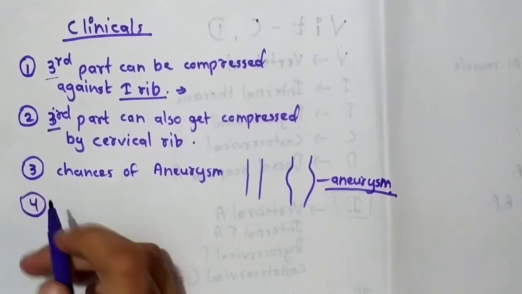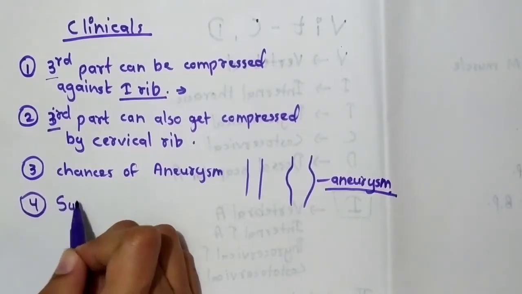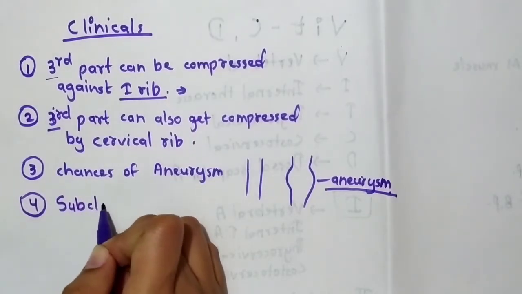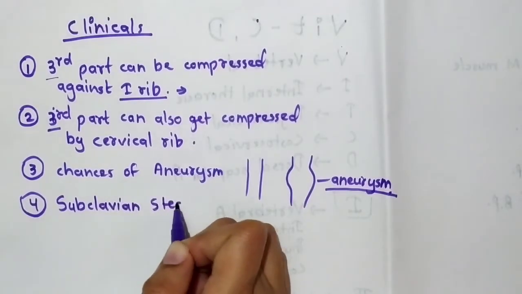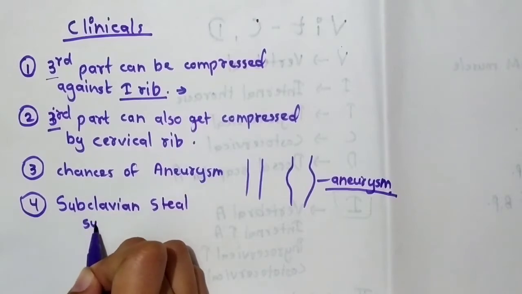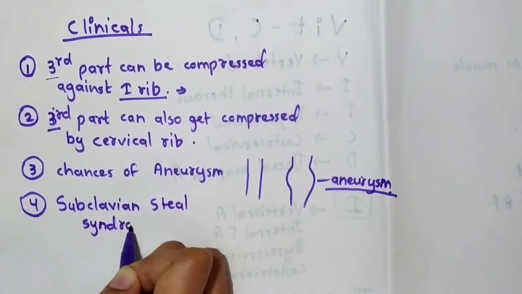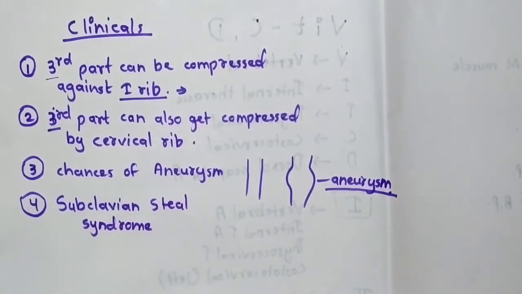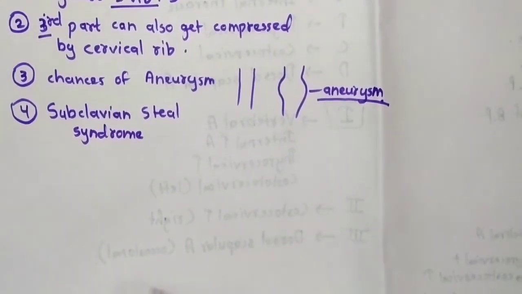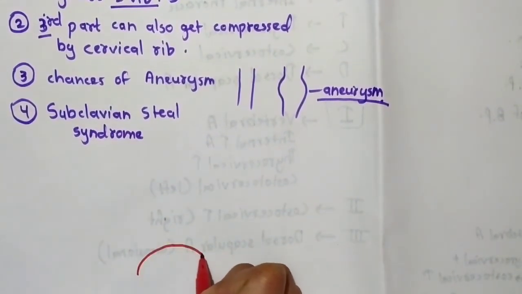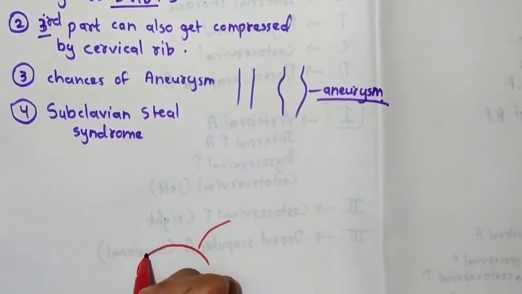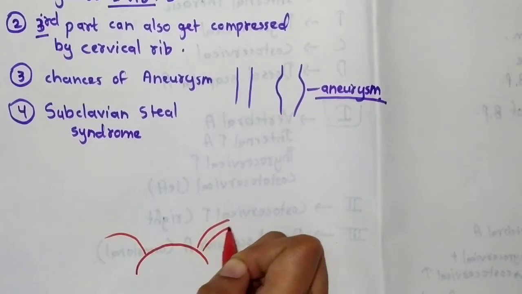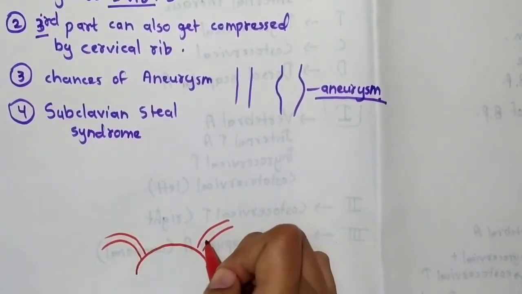And fourth is subclavian steal syndrome. In this syndrome, see, this is the arch and these are the subclavian arteries on both sides.